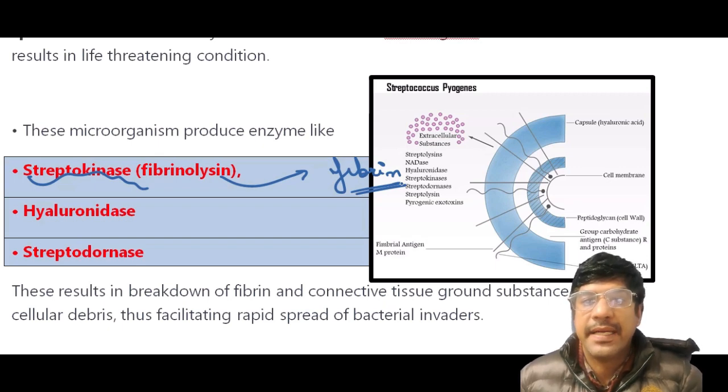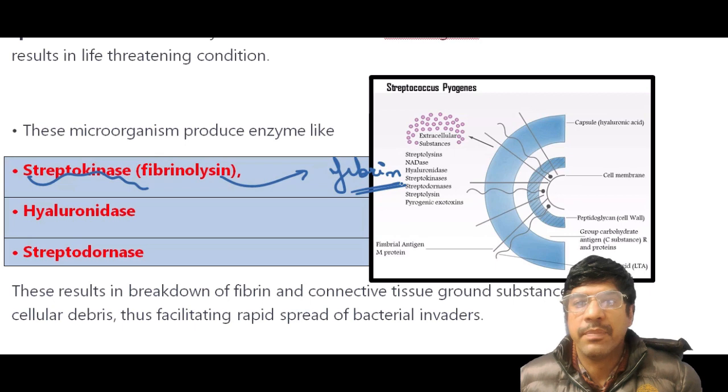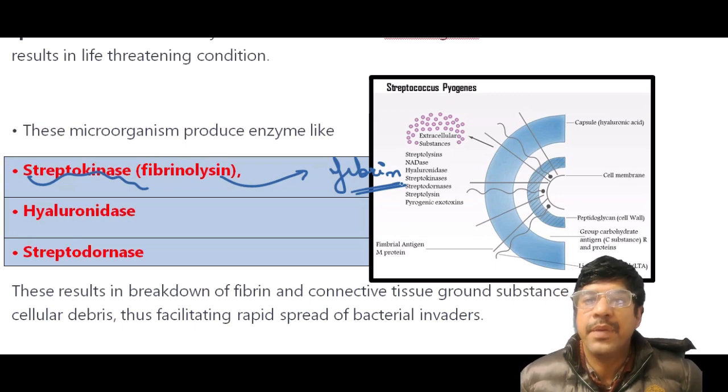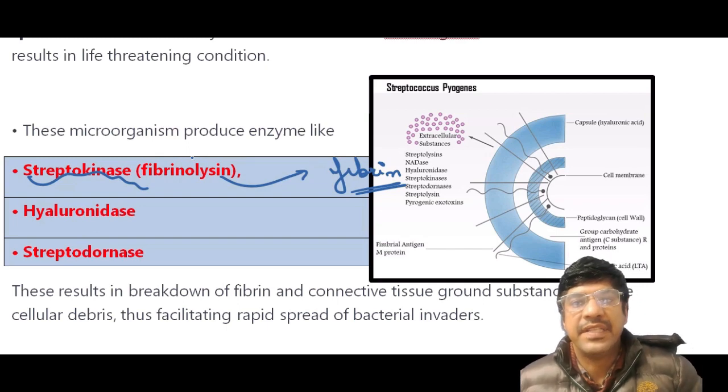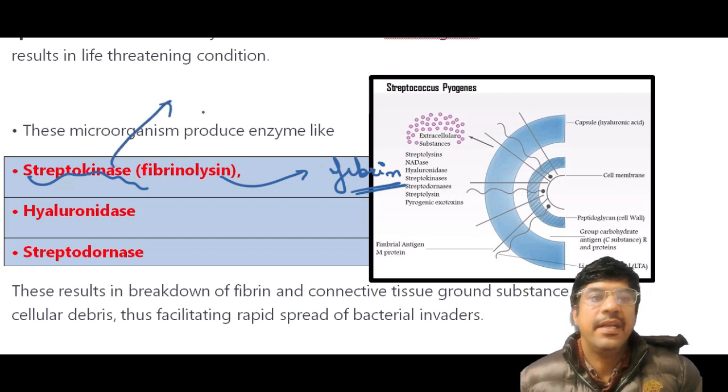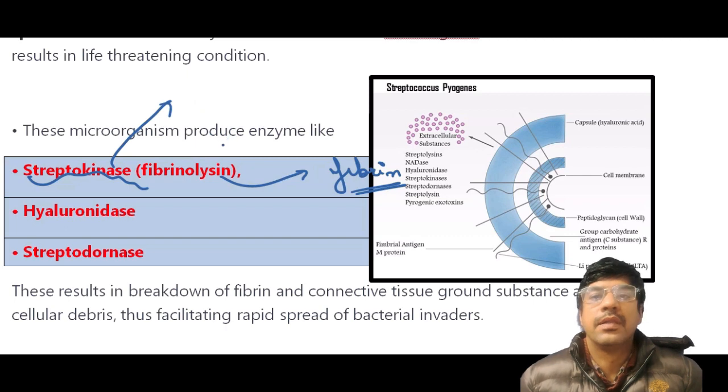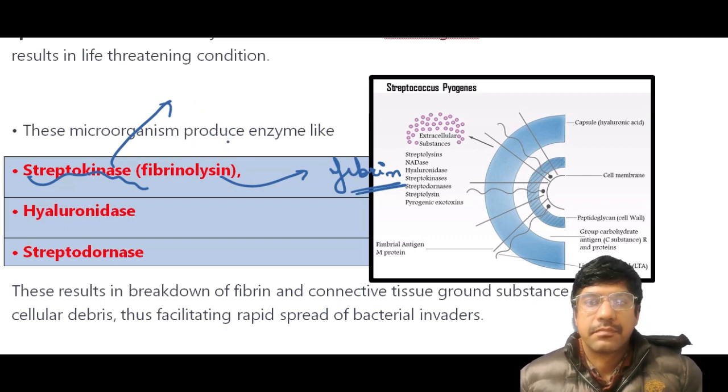That is a protein that is involved in blood clot formation. By breaking down the fibrin, streptokinase helps to dissolve the blood clot, and that is why it will facilitate the movement of the bacteria within the body. So that will promote the spread of bacterial infection to the other areas.